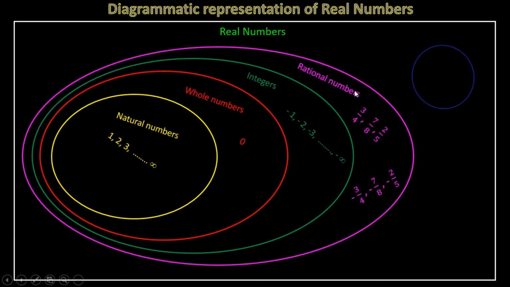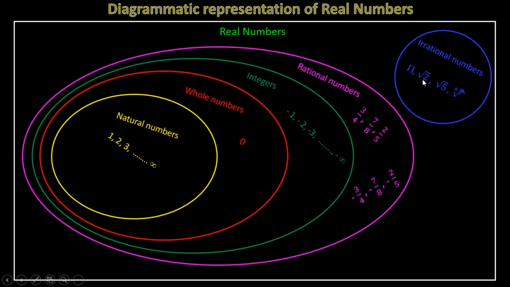After that, outside the rational numbers, I have drawn a circle and written irrational numbers. Irrational numbers do not match with these numbers. Irrational numbers are different from natural, whole, integer and rational numbers, so I have written them separately.